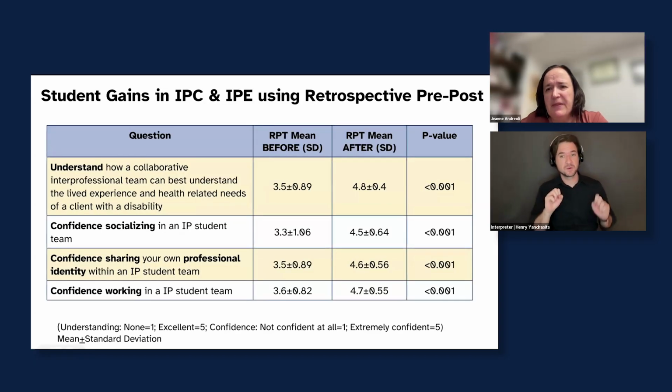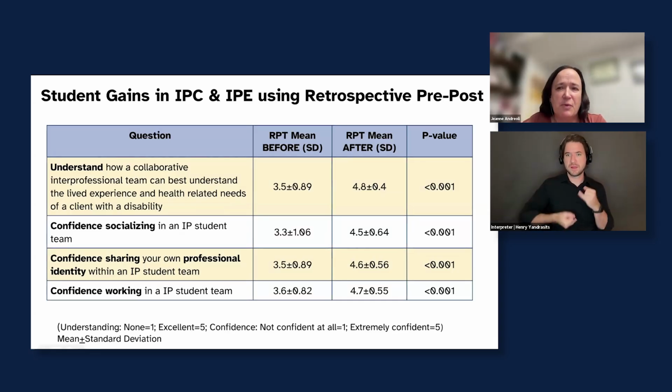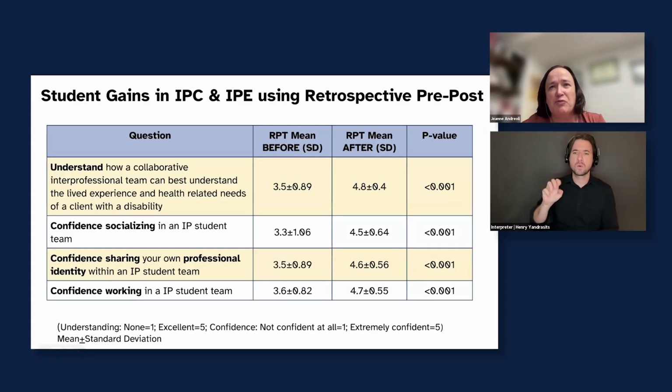Okay, so something that we decided in 2025, our last cohort, was to move from our traditional pre and post analysis that Jill and Laura have been talking about to using what is known as a retrospective pre-post evaluation for their confidence and understanding.